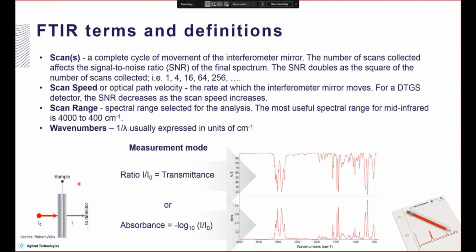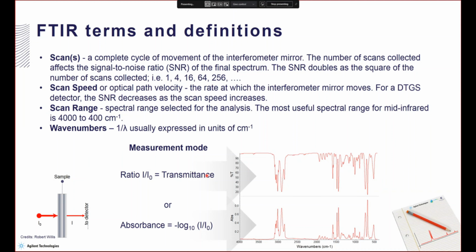The most useful is from 4,000 to 400 reciprocal centimeters, or centimeters minus 1. These centimeters minus 1 are the so-called wave numbers, which is basically 1 over the lambda, and they are expressed in centimeters minus 1. We can express our infrared spectra as the ratio between the transmitted light through the sample over the incident light.